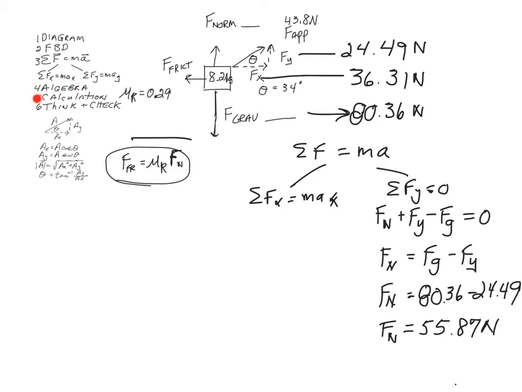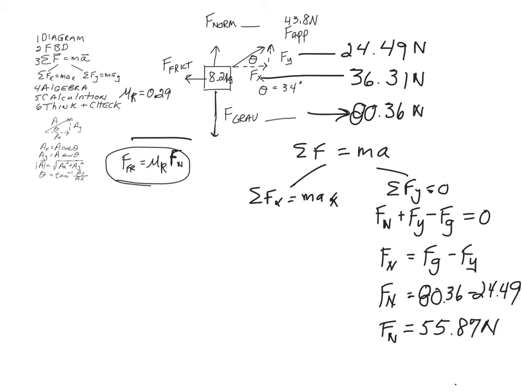Okay, so I've done the algebra. Remember, algebra, then the calculation. So 80.36 minus 24.49. I know my writing's not very good. And I get a normal force of 55.87. So I can write that up there, 55.87. And then I have the normal force. And now I'm going to think and check.